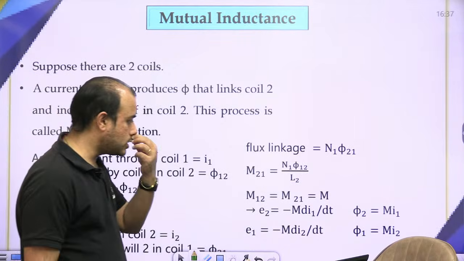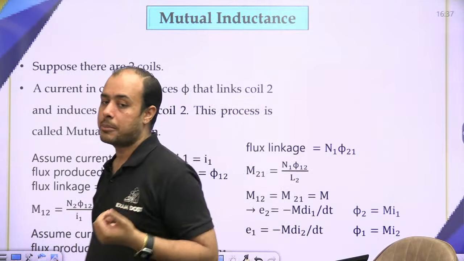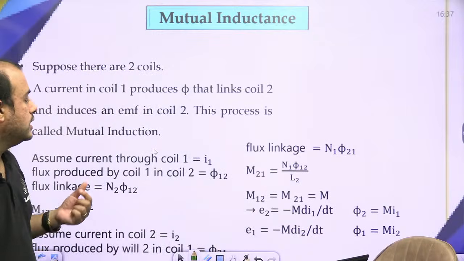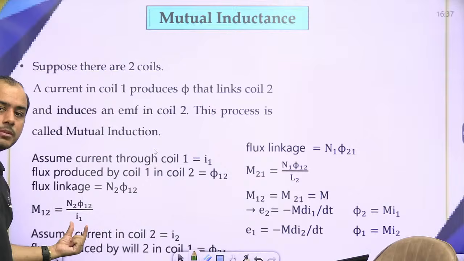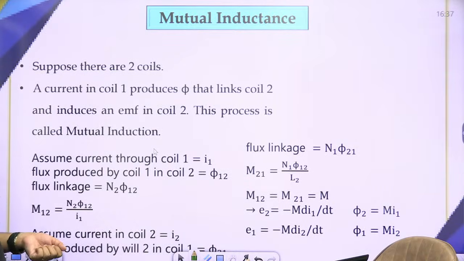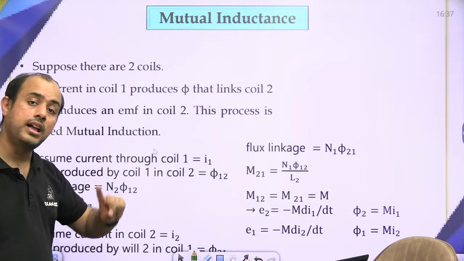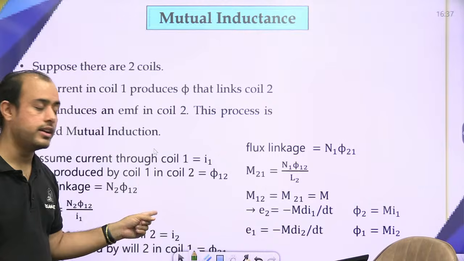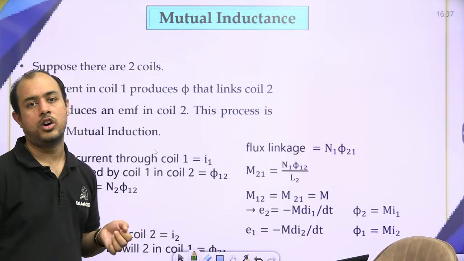What is this φ12? It is the flux of coil 1 that goes to coil 2. Now how many turns are in 2? N2. So flux linkage is N2 φ12. You divide it by I1, you get M12, the mutual inductance. Now suppose current in coil 2 is I2. The flux of this reaches coil 1, which is φ21. It will link with the N1 turns of the first coil.